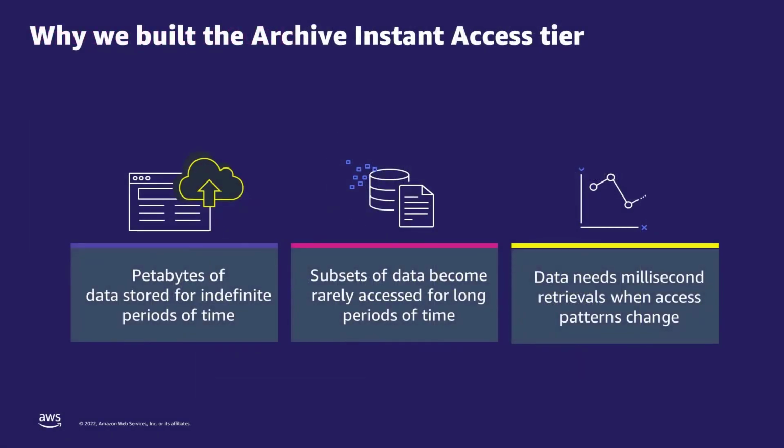Many of our customers told us that they have petabytes of data that become rarely accessed for periods at a time, but they need millisecond access when data access patterns change in the future. For example, we have many customers storing catalogs of music assets that always have to be immediately available when requested by a wide range of streaming providers.